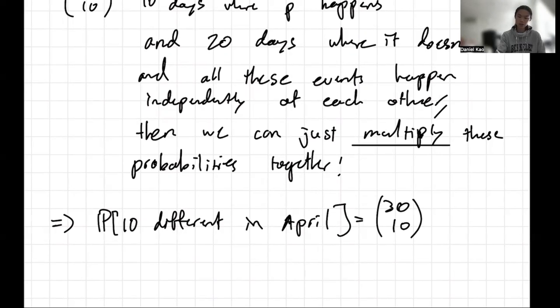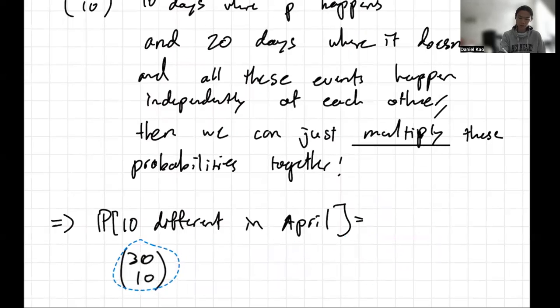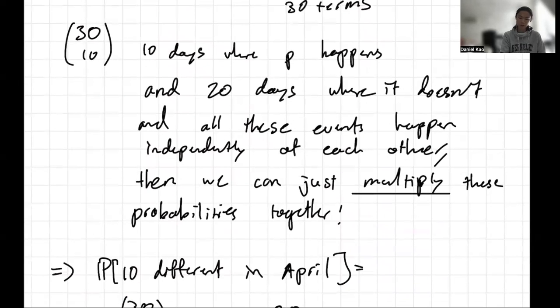And for each given combination of events, the probability that this happens is P to the 10th power times 1 minus P to the 20th power, because we have 20 days where we don't receive 15 emails, and 10 days where we do.